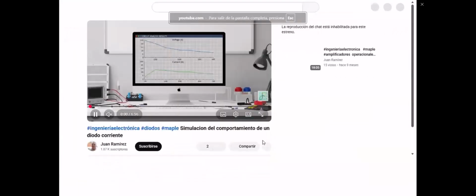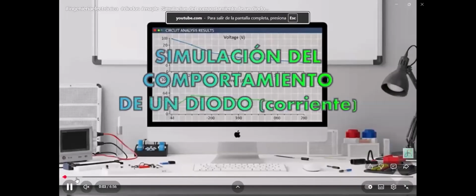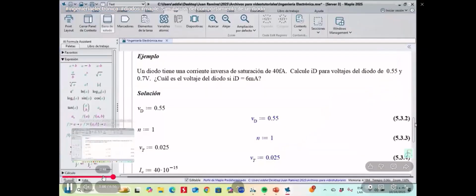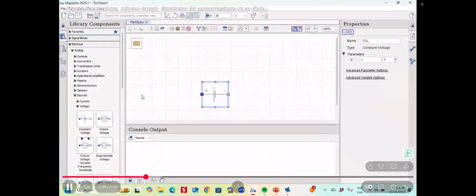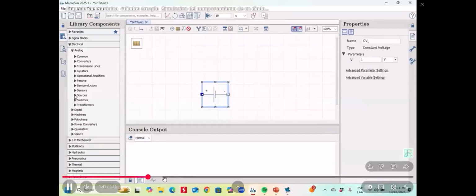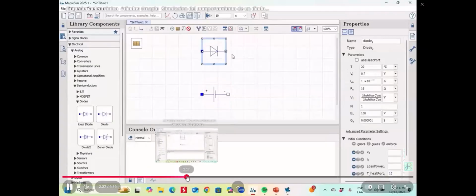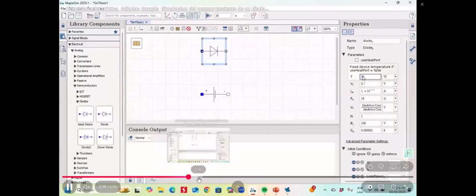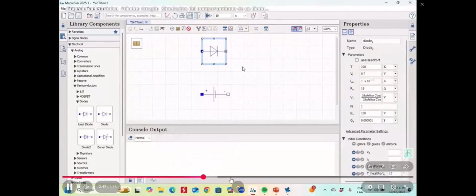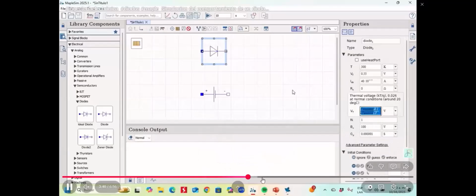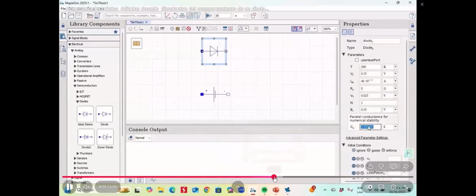In the next video, I use MapleSim, in this case, for the simulation of a circuit, a very basic circuit with one diode connected in parallel with a source, in this case a direct voltage source, and I run the simulation.